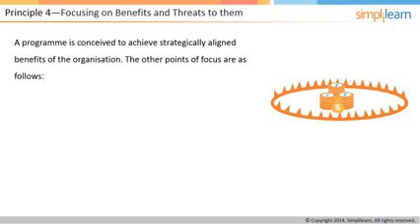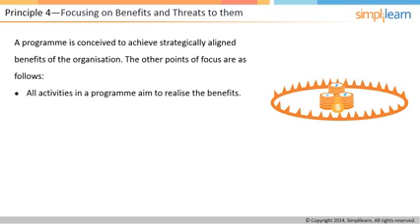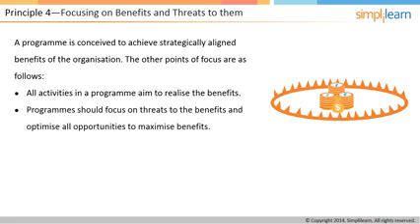The fourth program management principle is focusing on benefits and threats to them. Any program is conceived with the vision that it should achieve the strategically aligned benefits of the organization. All the activities in a program are focused to realize the planned benefits. A program is judged by its ability to deliver these benefits. However, the program also has to ensure that all these benefits are of strategic importance.